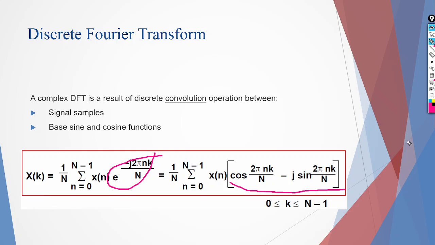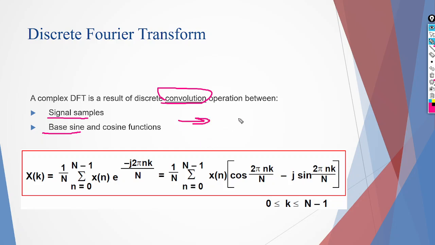Now this formula itself is called a convolution. That describes a convolution between two sequences. One is your signal, and yet another one is a base function. So convolution is actually calculating the scalar product, how we have called it, but in a digital form.